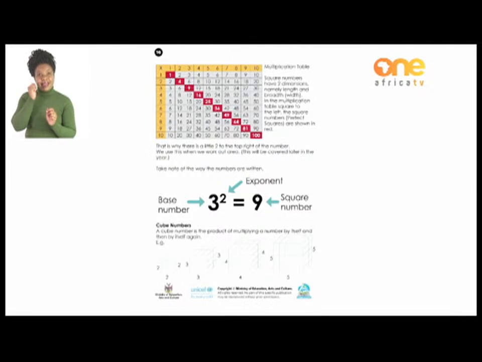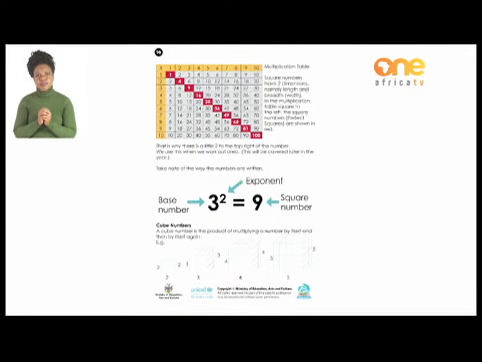So to read on top on the right side is a multiplication table whereby we have square numbers. Square numbers have 2 dimensions, namely length and breadth, which is also the width. In the multiplication table, to the left, the square numbers, or we can say the perfect squares, are shown in red.